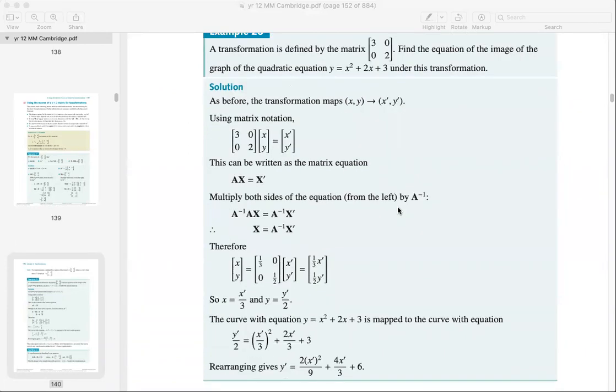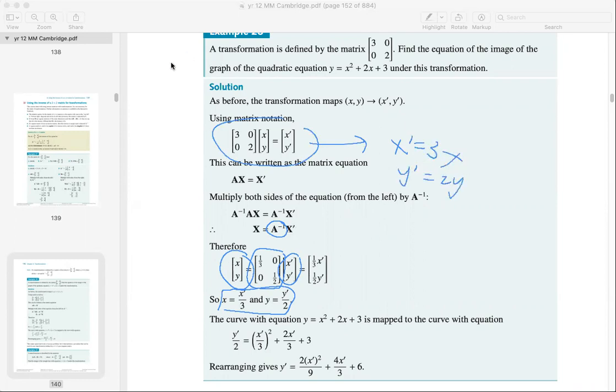And we can clearly see that if we want to get our x y in relationship with x dash y dash, we just multiply by the inverse over here. So we directly get this one. Sometimes, if we don't use this method, I can still use this one to get x dash equals 3x and y dash equals 2y, right?